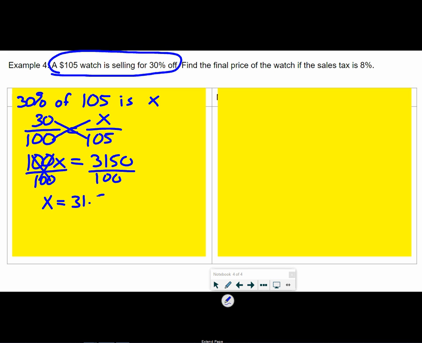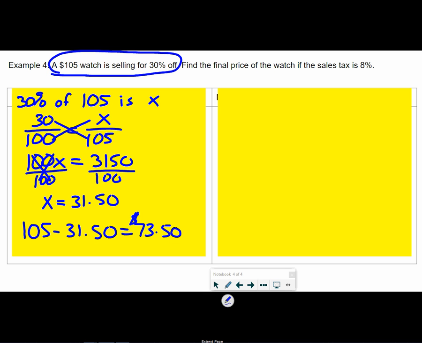So I saved 31.50. So I have to subtract it. So I do 105 minus 31.50. $73.50 is the price of the watch.